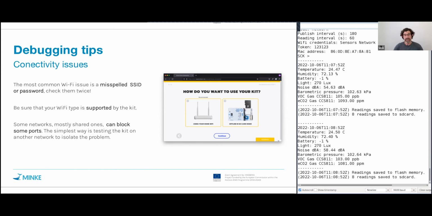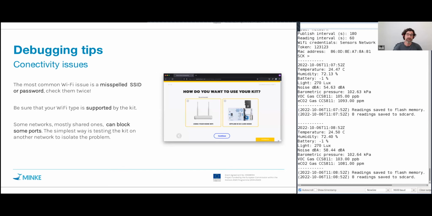And another connectivity problem that's common, not at home and not with normal Wi-Fi routers, but when we set up kits in universities or with city council Wi-Fi networks or any shared network, is that sometimes they have firewalls that block some access to the network, and then the kit maybe thinks it's sending, but the packet is not passing through.